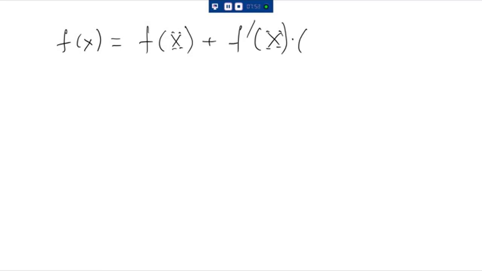Then we can write now the second order approximation of f of x, taking its Taylor expansion at x capital, plus half the second derivative at x capital times x minus x capital squared.